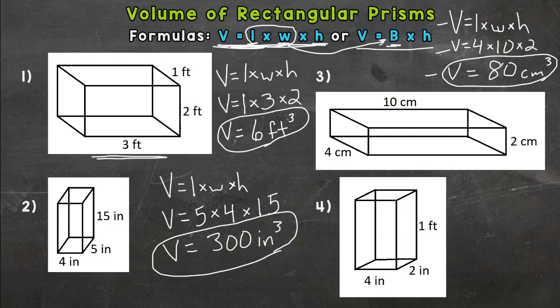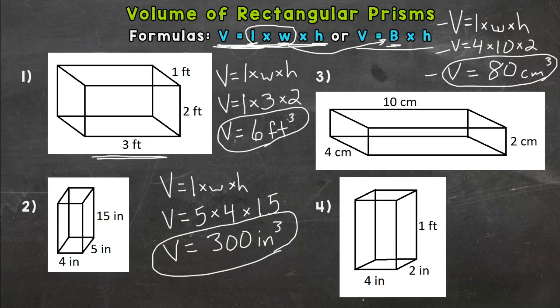Now there's something special about number 4, and I put this in very specifically because you have to pay attention before you start some of these problems. One thing should pop out about the height on this rectangular prism. It doesn't make sense in comparison to the others. As you notice, the width is 4. That side is not as long as that 1 foot.